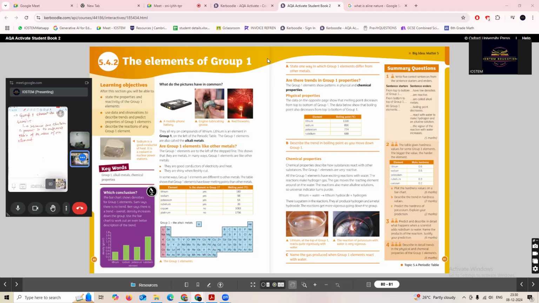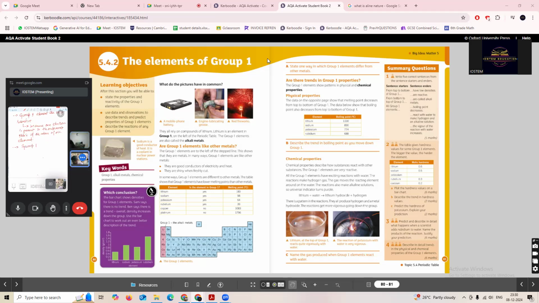And one thing, as we are talking about group 1 only, group 1 elements have exciting reactions with water. Always reacts with water, and no other elements react with water except group 1 elements. They burst into flames on contact with water.